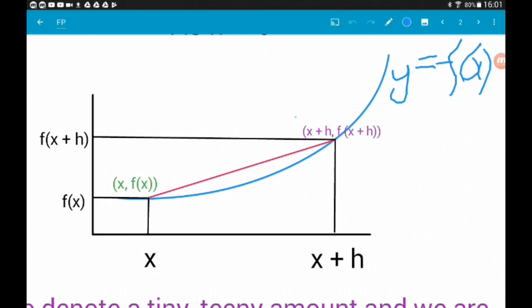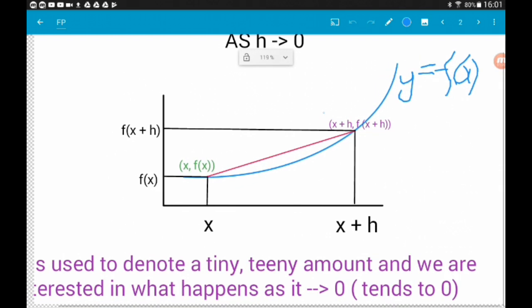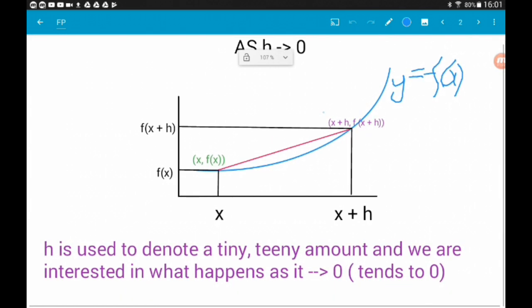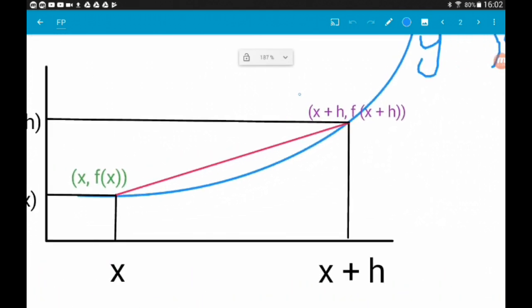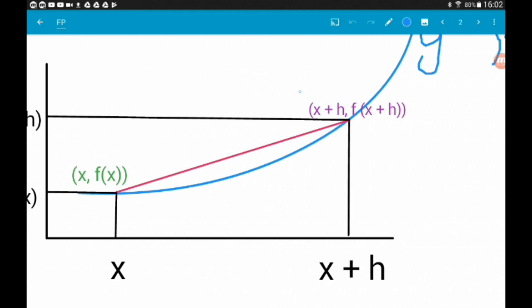So what we're going to do is see what happens as h gets smaller and smaller and smaller. We're going to see what happens to the chord. At the moment, we can see that this red chord is not a very good approximation of the gradient of the curve at our original point with coordinates x, f of x.